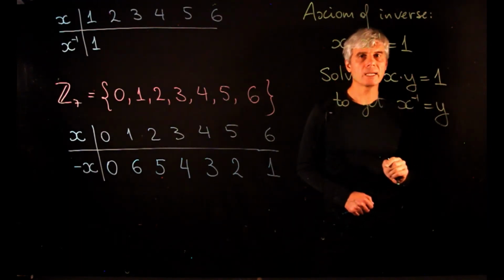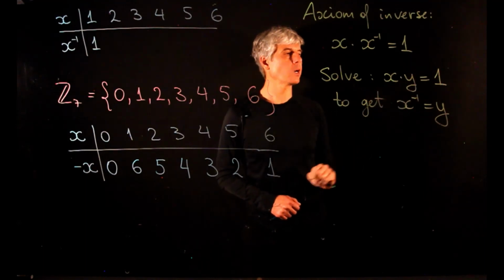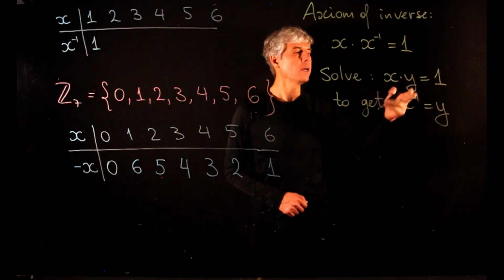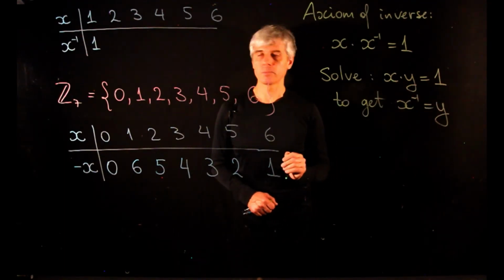So basically, we will need to be solving the equation x times y is equal to 1. Given x, if we can solve it for y, then y is the x inverse.